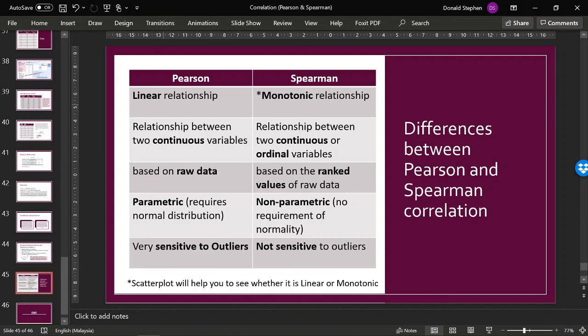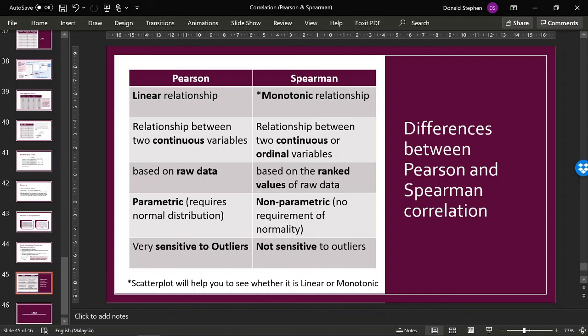Spearman, it doesn't have to be a straight line. It can be a curved line as long as it is a monotonic relationship. So you may want to refer back to what is a monotonic relationship. For Pearson, it's about two continuous variables. Spearman, it can be about continuous or ordinal variables.